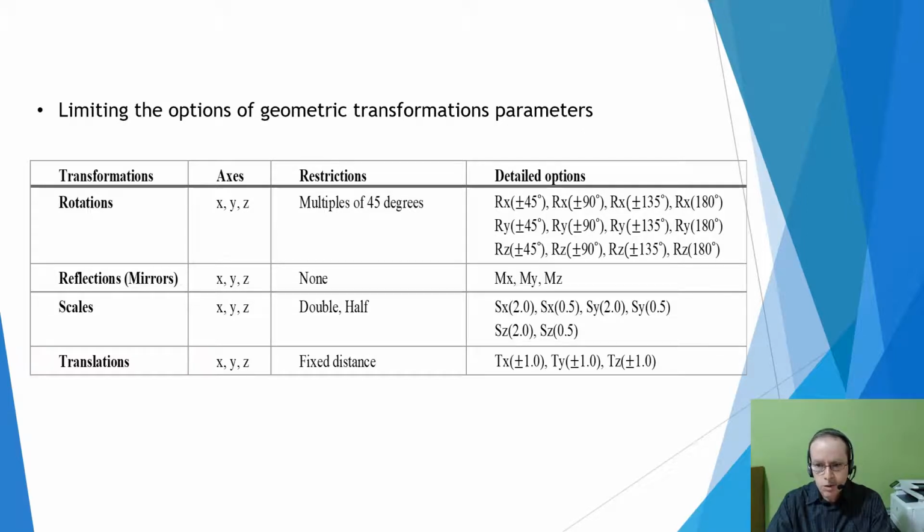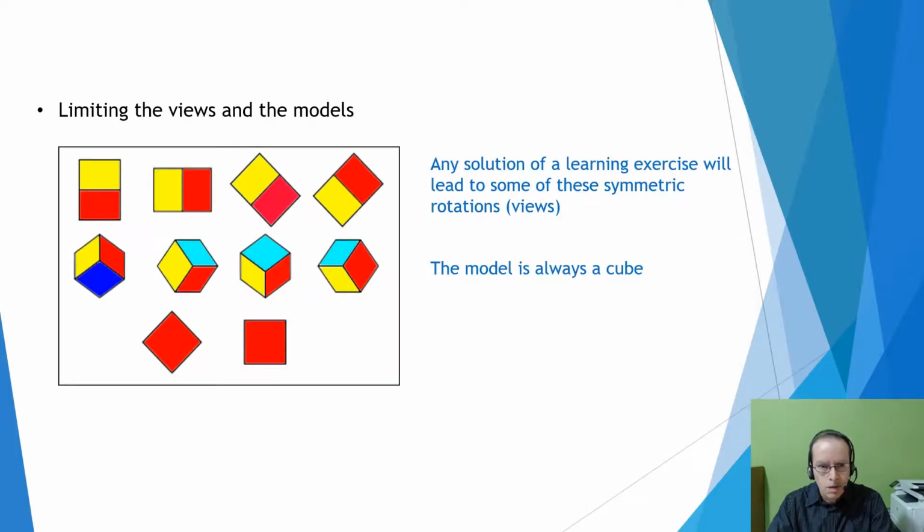We demonstrated that even with these limitations, it is possible to generate a big amount of different exercises. We also put constraints on the views. Any solution of a learning exercise will lead to some of these 10 symmetric rotations, and the model itself is always a cube.